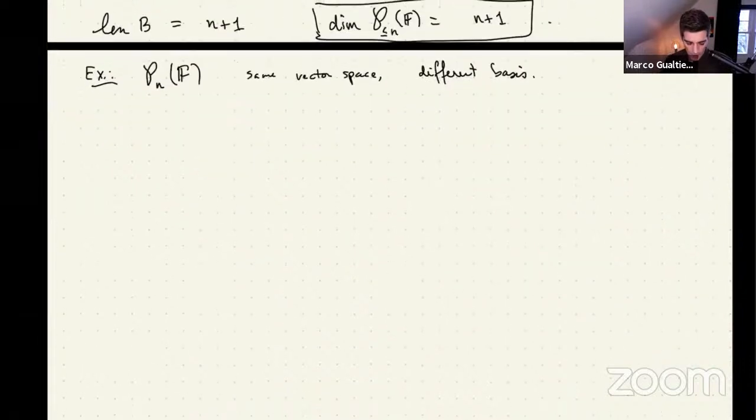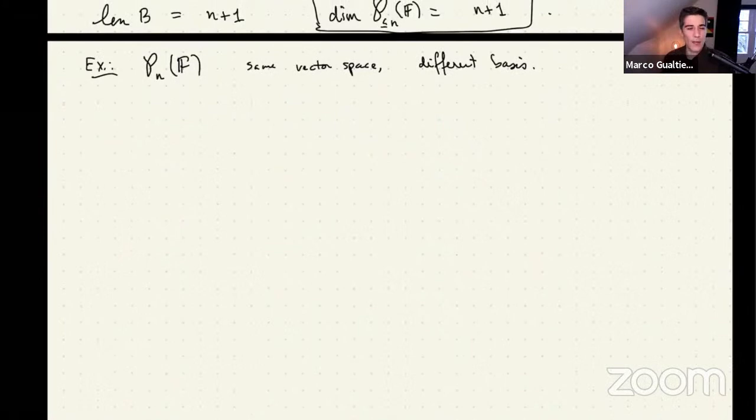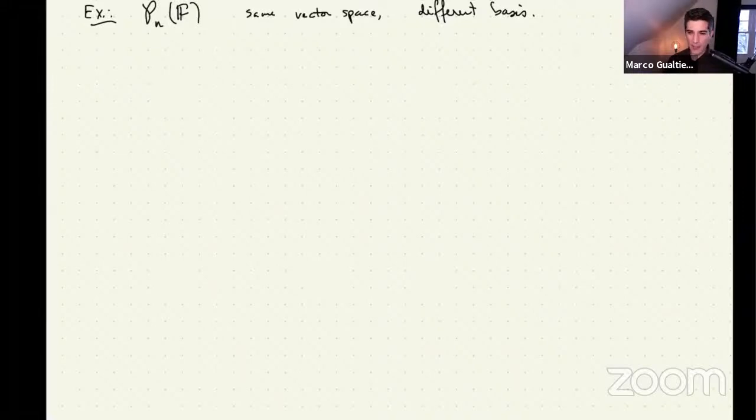This is just an example, and people will get confused by it, but let's go through it, and this is something you will have to spend some time thinking about.